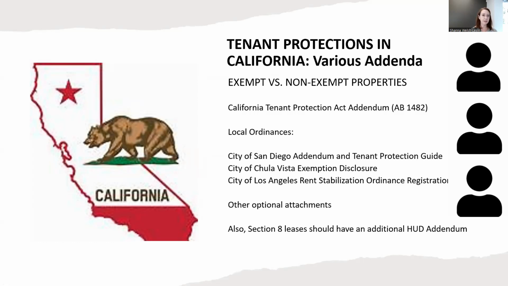I can't tell you how many times I've had clients, landlords come in and say they have a Section 8 tenant and they cannot provide me with a signed copy of the HUD addendum. We just download it and we apply it anyway in those cases, but it's important to have a signed copy of it. There are also some other notices if you have Section 8 that we use when we issue notices to tenants, which is the Violence Against Women Act notice and addendum.